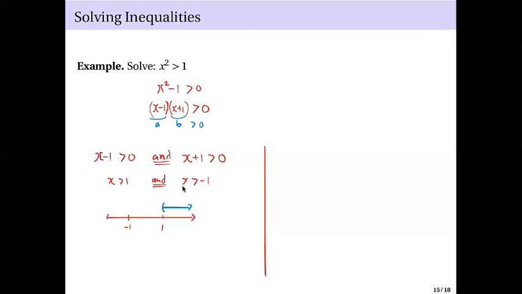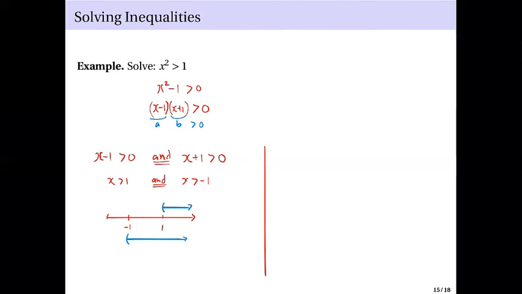And then here we want our x to be greater than -1, so we still have this parenthesis, and the direction is still going to the right. Now we want the and, so we want all those x's that satisfy these two inequalities.